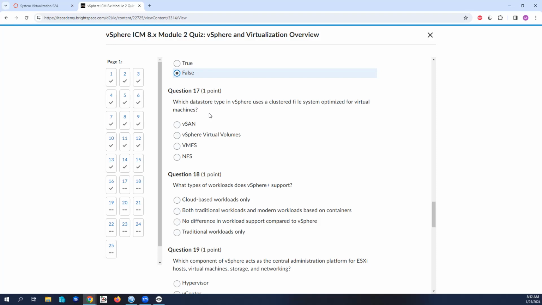FS. So we can instantly eliminate two up there pretty quickly. Which file system is optimized for virtual machines? VM stands for virtual machine. Yes, VMFS, virtual machine file system. Yep, that's correct. Virtual machine file system is designed for virtual machines.